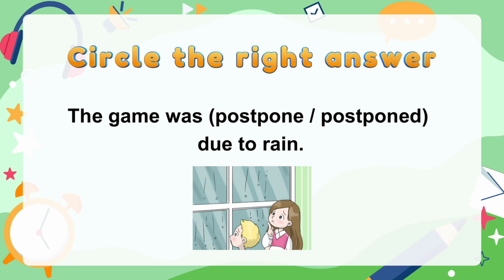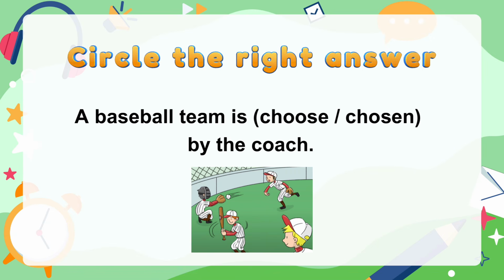Again, we have past participle. So you choose postponed. The game was postponed due to rain. A baseball team is chosen by the coach. Now we have past participle. You pick chosen. A baseball team is chosen by the coach.